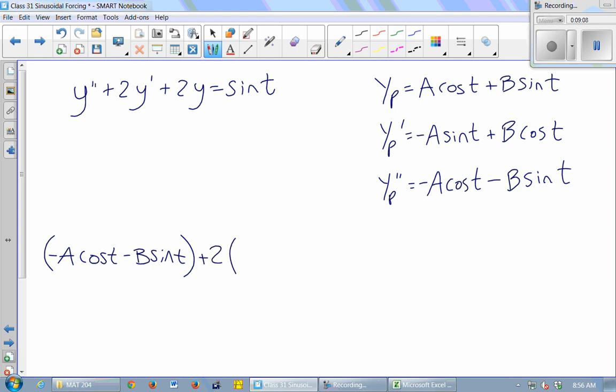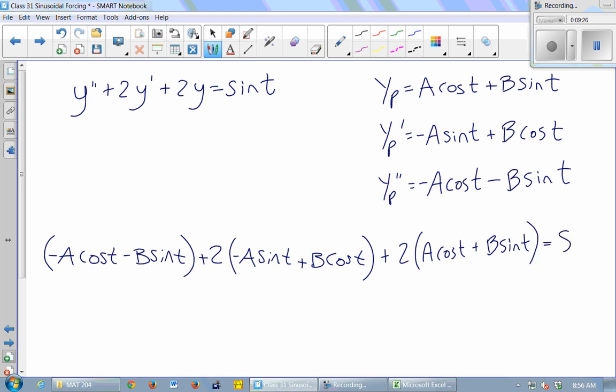Plus 2 times y prime, which is -a sine t plus b cosine t, plus 2 times y, which is a cosine t plus b sine t. And that has to all equal sine of t. So I just have to figure out what a and b will make this true.